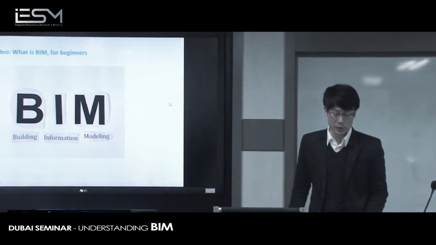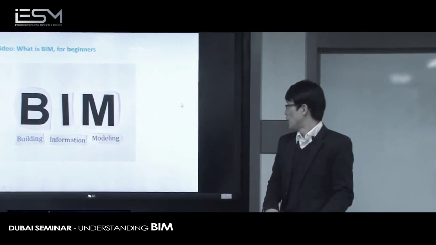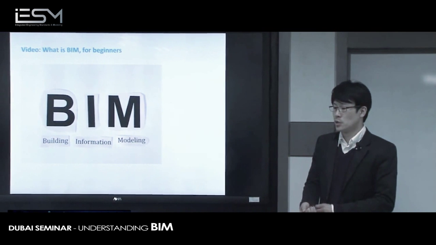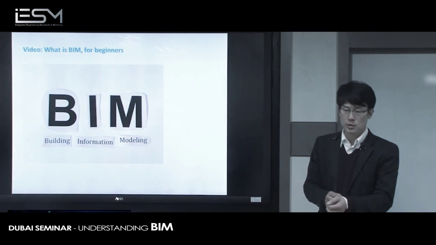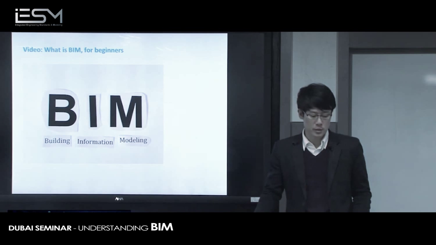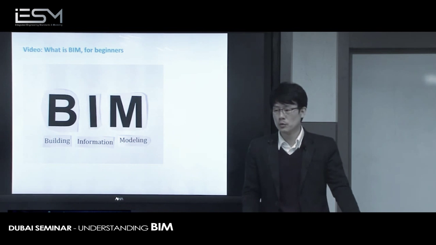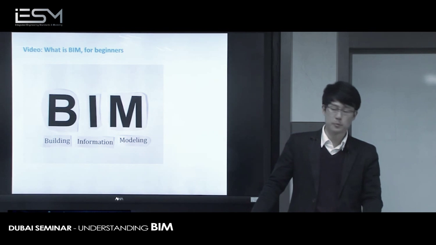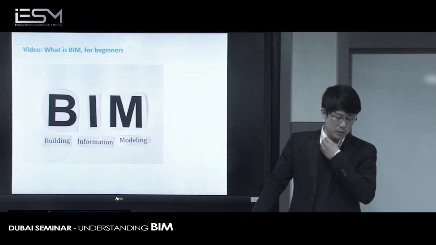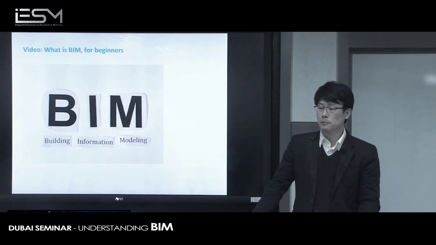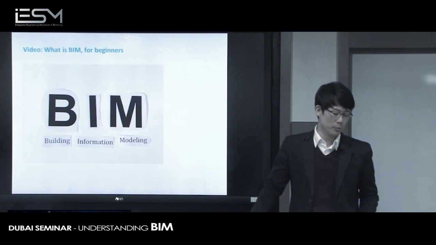To sum up, this video shows you BIM is not just a geometric model, such as your AutoCAD file or 3D Max modeling file. Of course, that is one of the very important parts of BIM, geometry, but this is just one type of information you can contain in your BIM model.